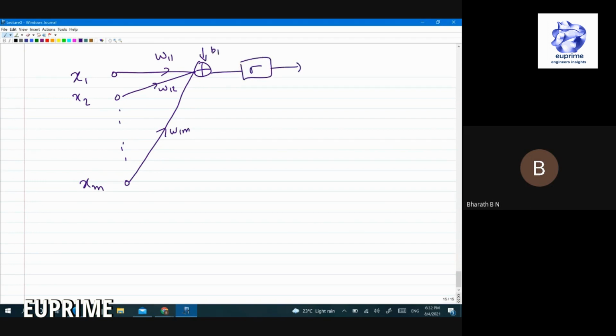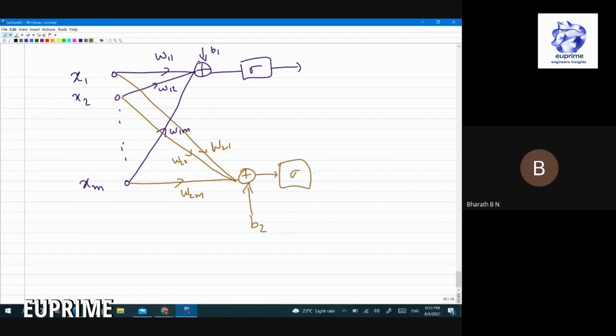And now what do you have? I have another one, so I have to write maybe one more like this. These are W21, W22, and up to W2M. And you add a bias B2, and then you have a sigma. Well, you have the output. So what do I do with this?